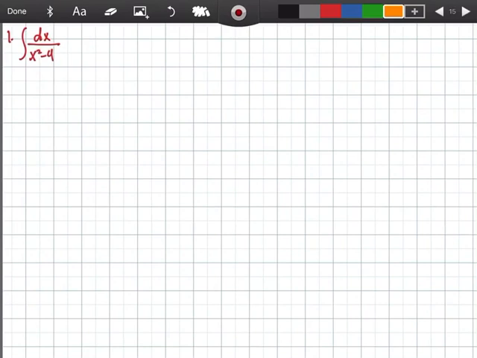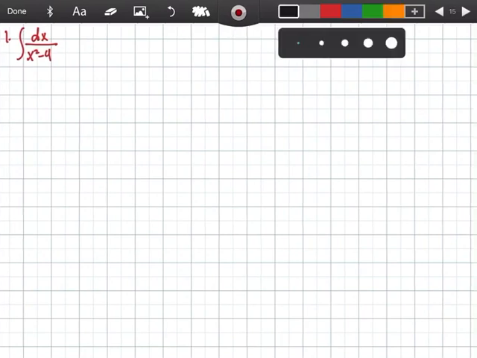Okay, so we have example number 1. The integral of dx over x squared minus 4. It's difficult to integrate because we cannot integrate it by the method of substitution.